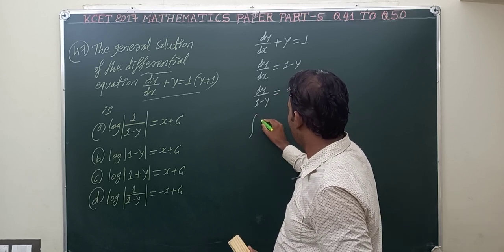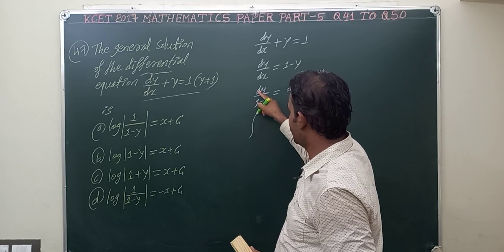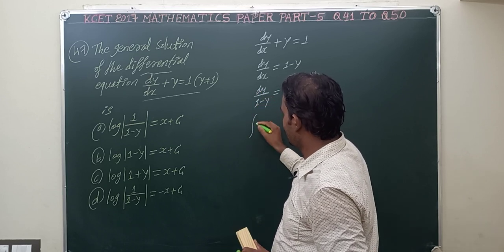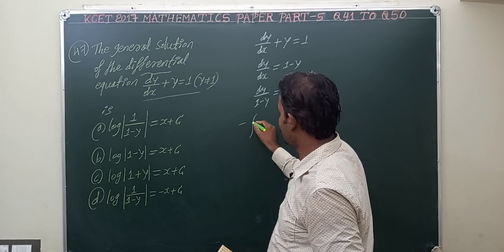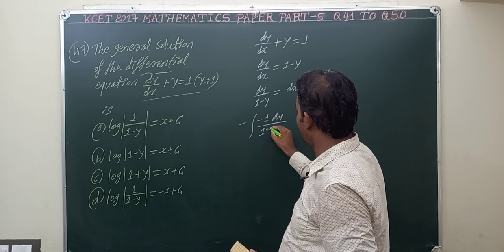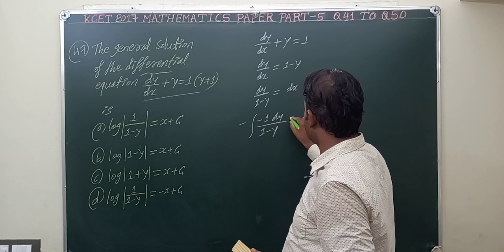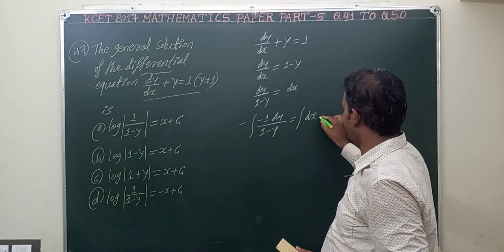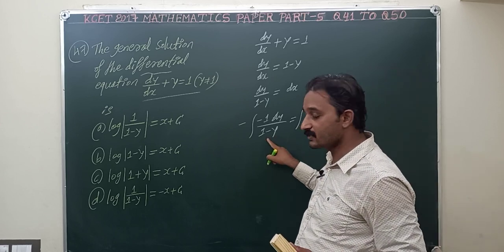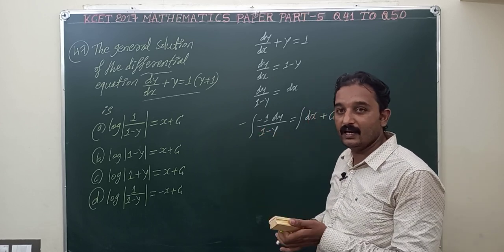So for dy here, we need a minus 1 in the numerator, so both numerator and denominator are multiplied by minus 1. It becomes minus of minus 1 dy divided by 1 minus y is equal to the integration of dx plus an integral constant c. So in this case the differentiation of the denominator is present in the numerator.